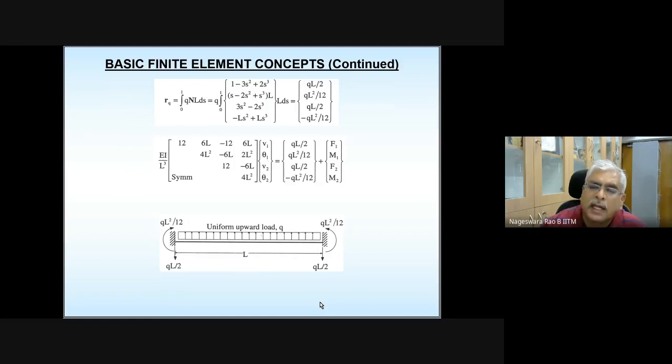But we derived this element equation for a two-node beam element, and we should also try to understand: if I use this element equation, will I get the exact solution for all kinds of problems, or is there any limitation on this?